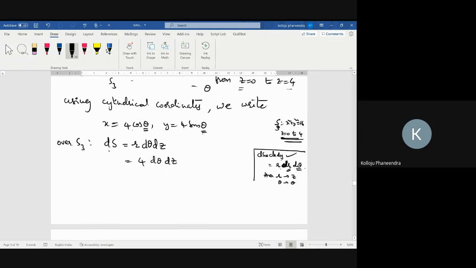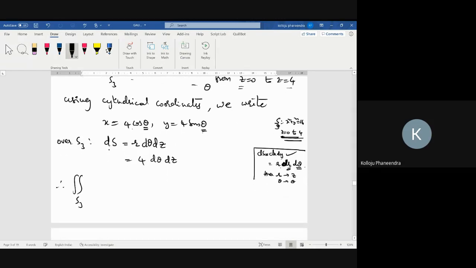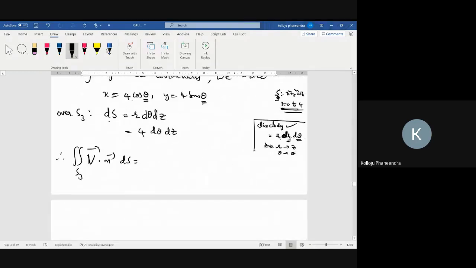Hence, finally, the double integral over S3 of v bar dot n bar ds equals what I have got: the double integral of 3x cube, that is 3 times (4 cos theta) cube, plus 6y cube, that is 6 times (4 sin theta) cube, times 4 d theta dz.